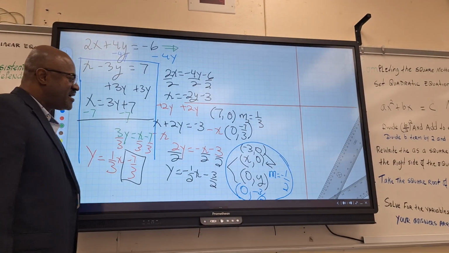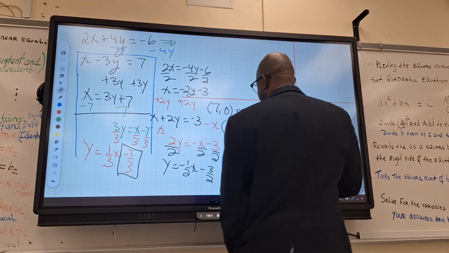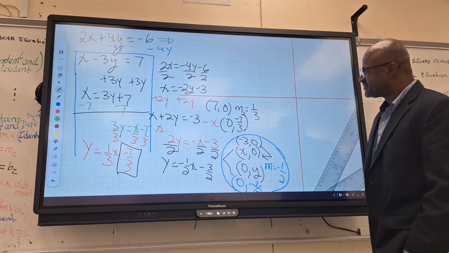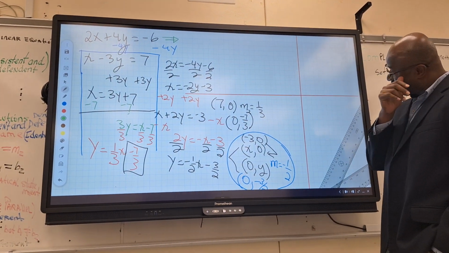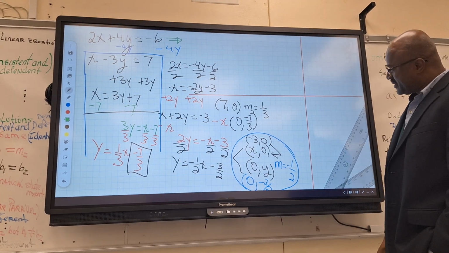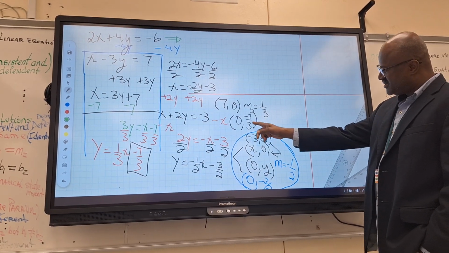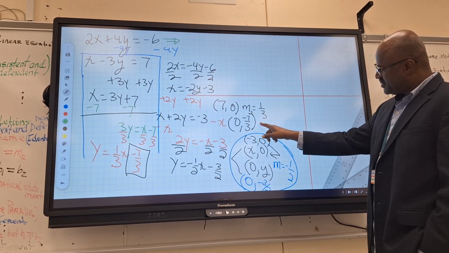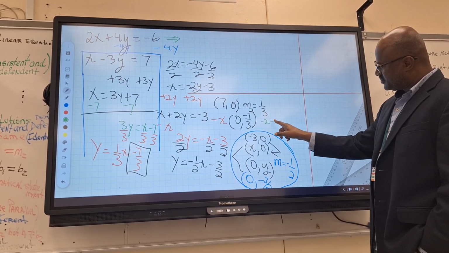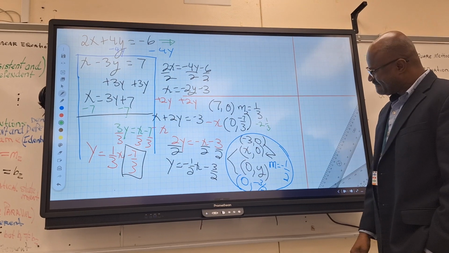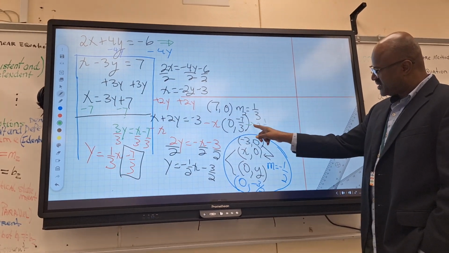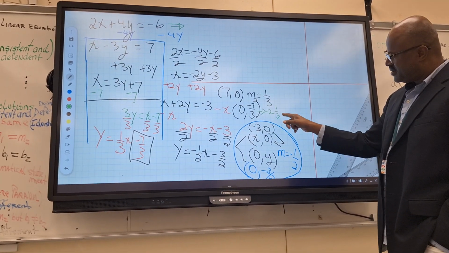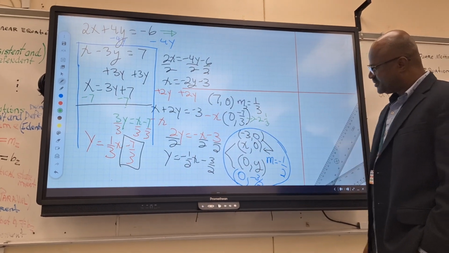So let's go graph those. Some of you have a problem with fractions. So turn it into an improper fraction. This will be between what two numbers?